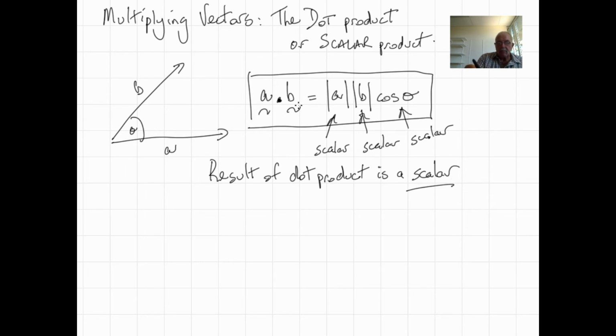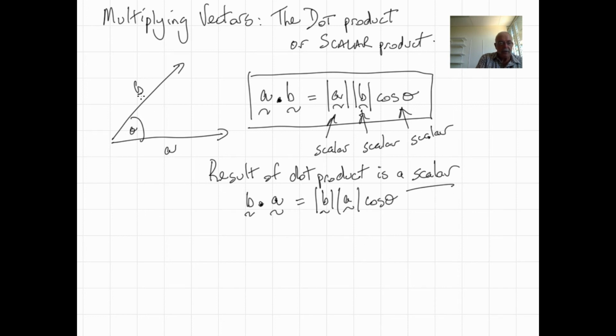It also, by just looking at it, if we had vector B dot product with vector A, so we wrote them round back to front, that'll be the magnitude of A. We should put little vector signs there. The magnitude of vector B times the magnitude of vector A cos of theta.